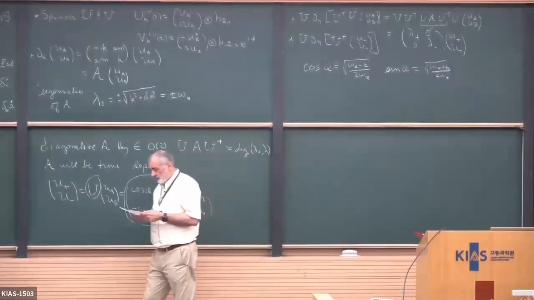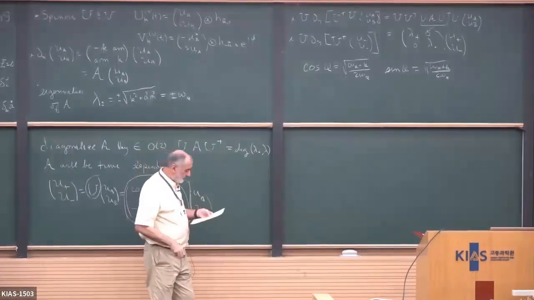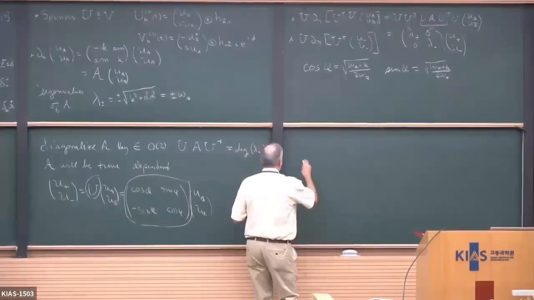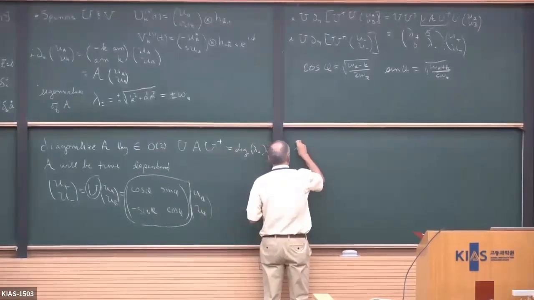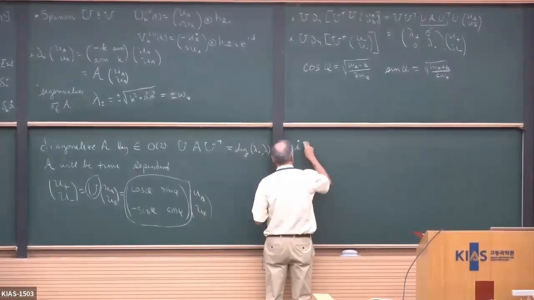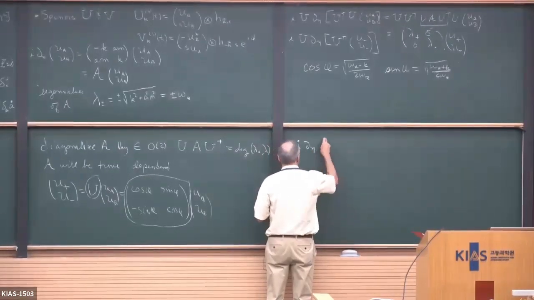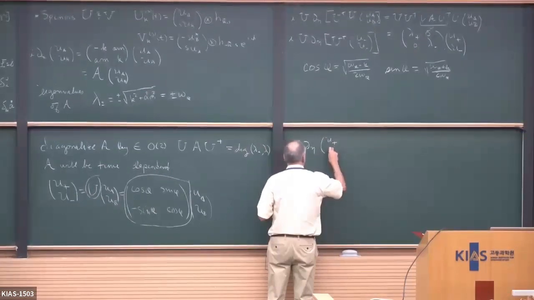And going through the algebra, we end up with the Dirac equation in Minkowski space for U plus and U minus.